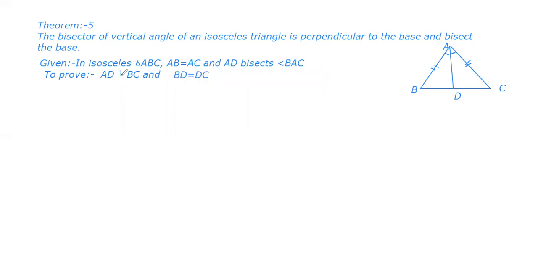First of all, we will prove that they are perpendicular and then bisect the base. Now for this, no need of construction because it is already given it is about bisector.